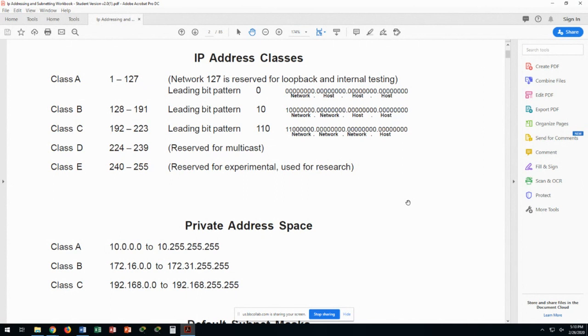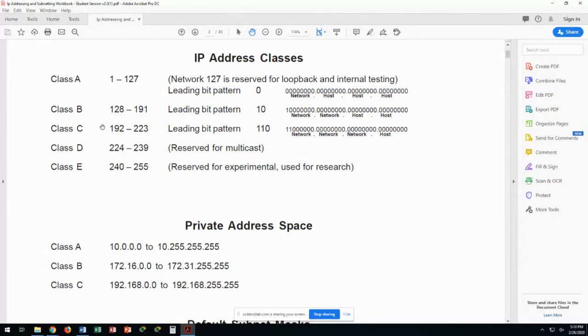And that's what this is saying right here: the network ID and the host IDs. So the network portion for a Class A is the first 8 bits, and the host portion for the Class A is the last 24 bits.